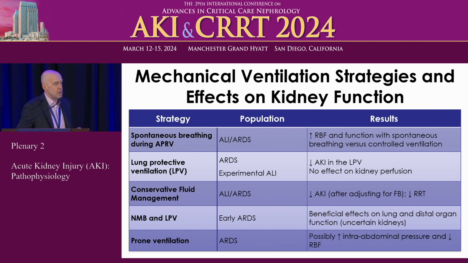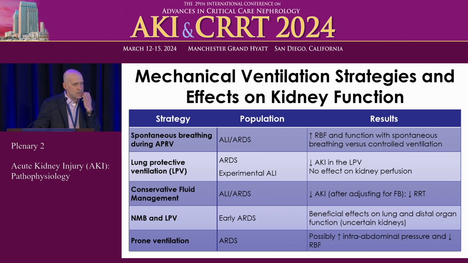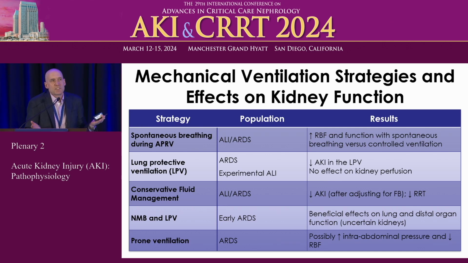Conservative fluid management obviously seems to be associated with a lower hazard for death and maybe lower utilization of renal replacement therapy. I didn't show the data on neuromuscular blockade and lung protective ventilation in early ARDS. There are beneficial effects that have been suggested on lungs and distant organs, but the kidneys were actually not really well profiled in any of those ARDS trials.